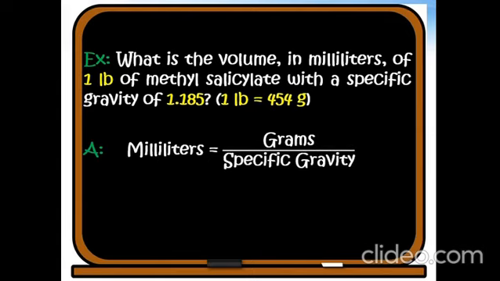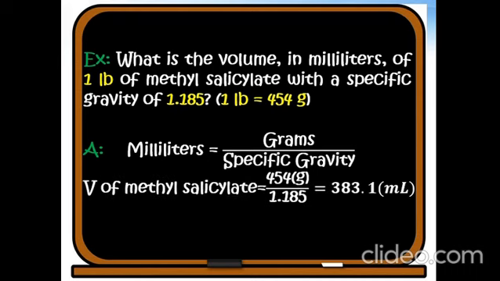Milliliters is the grams over specific gravity. Volume of methyl salicylate is 454 grams, that is 1 pound, right? I did not do the conversion because that is 1 pound. Divided by the specific gravity. So the unit must be milliliters. So the volume of this methyl salicylate is 383.1.